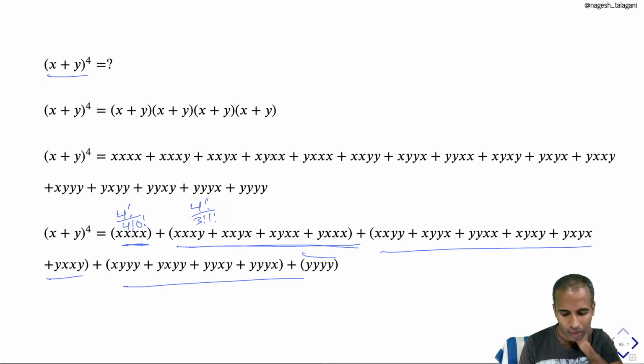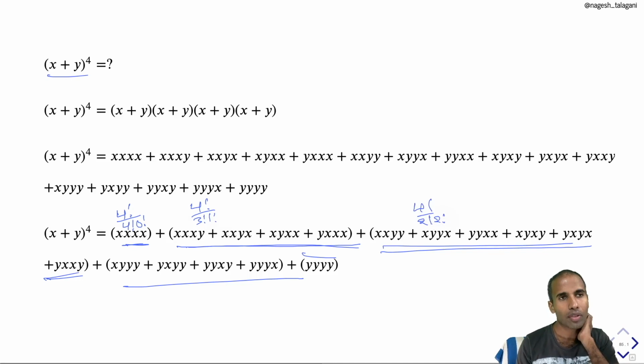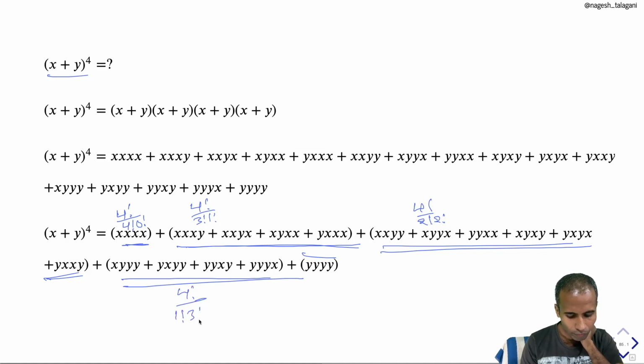Okay. These 6 terms I want to realize like this: 4 factorial by 2 factorial 2 factorial, which is nothing but the number of permutations we can make using 2 x's alike and 2 y's alike. Okay, so these 4 I'm going to realize as 4 factorial by 1 factorial 3 factorial, the number of permutations we can make using 1 x and 3 y's alike.